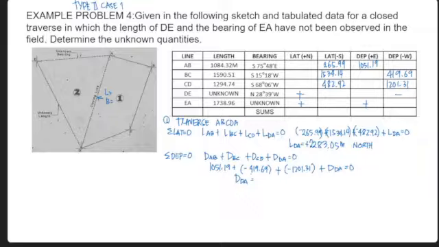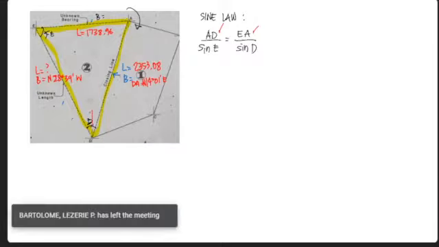So, we have AD and EA. And from our figure, as we have our bearing nitong, meron tayong bearing ni DE, so 28 degrees and 39 minutes. And meron din tayong bearing ni AD, which is 14 degrees and 01 minute.